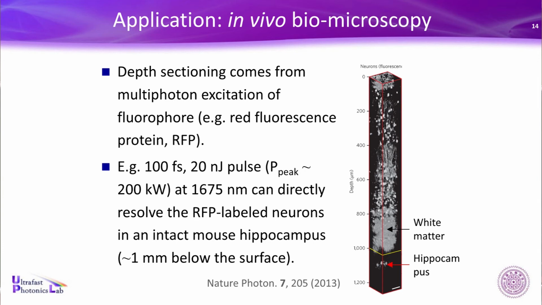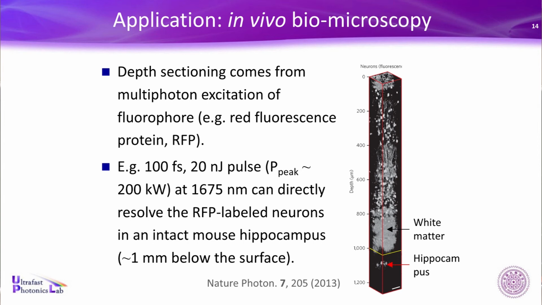So what does this picture mean? It means from the surface down to 1,000 microns or 1 millimeter, or even deeper than 1 millimeter depth, you can see the structures of different compositions when it is still alive. But why is it possible?